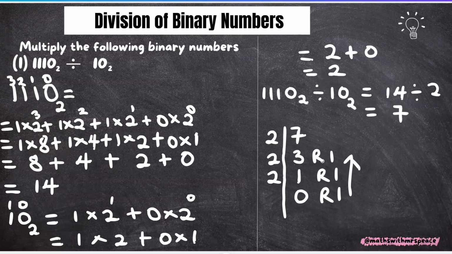And we're going to finish up here by saying 1110 base 2 divided by 10 base 2 is equal to 111 base 2, and that is our final answer.